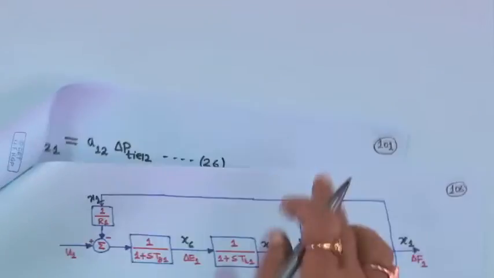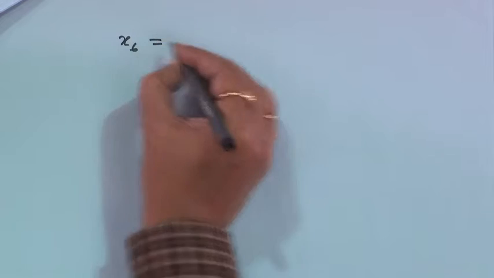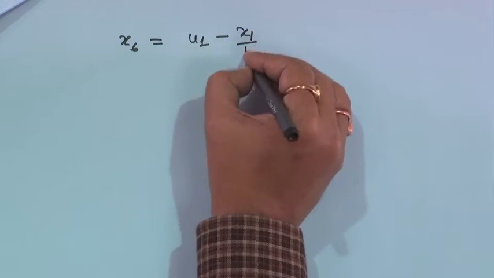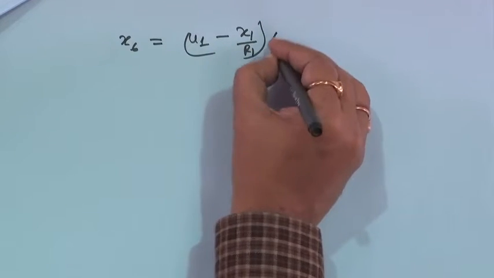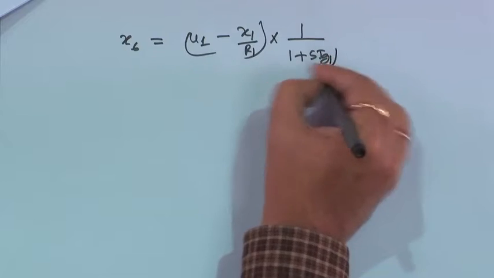That means we can write that x6 is equal to u1 minus x1 upon r1, into 1 upon 1 plus s Tg1.